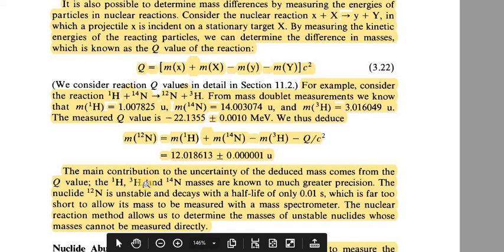The 1H, 3H and 14N masses are known to much greater precision. The nuclide 12N is unstable and decays with a half-life of only 0.01 second, which is far too short to allow its mass to be measured with the mass spectrometer. The nuclear reaction method allows us to determine the masses of unstable nuclides whose masses cannot be measured directly.